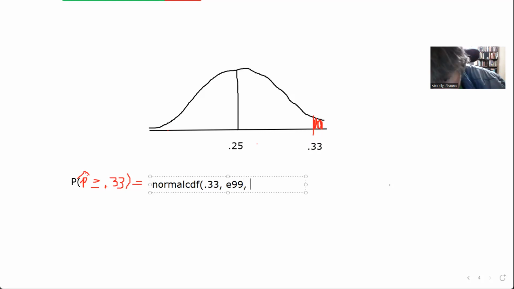My mean, which is not my mean, it's my proportion, which is 0.25. And my standard error, which now I have to show you this.